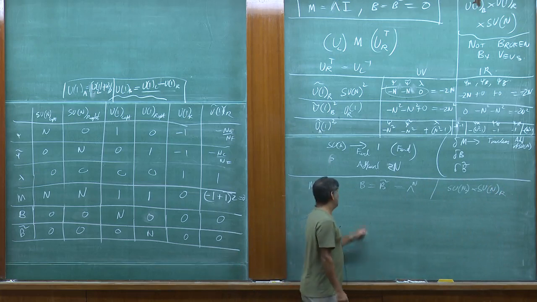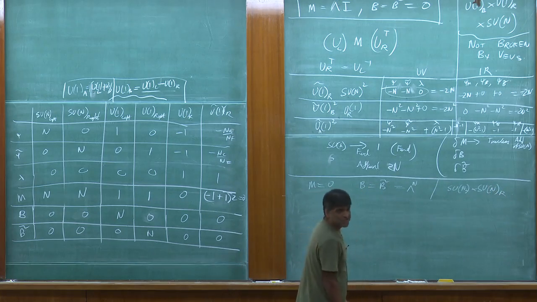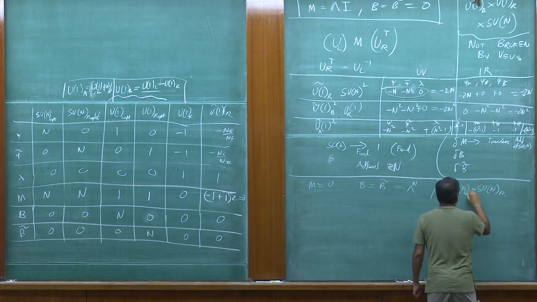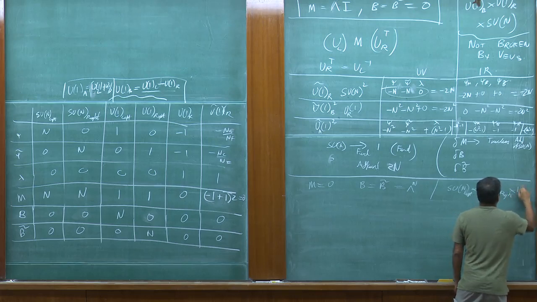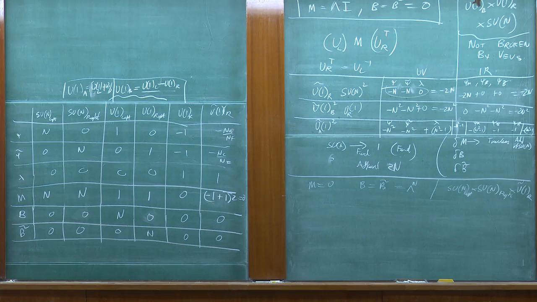Each of these carry baryon charge. So baryon charge is not preserved. Nothing carries R charge. So let's call this left and right to distinguish between. And then there's times U1R. Always this is this U1 tilde, that's the actual U1R symmetry. In this case, there's no difference. NF is equal to NC. Is this clear? So the preserved symmetry is SU(N) left times SU(N) right times U1R.